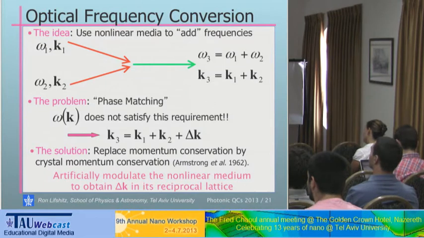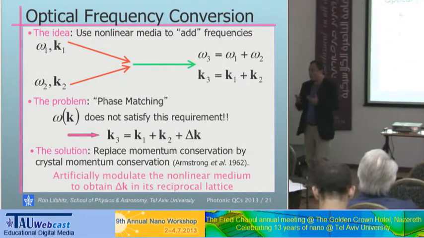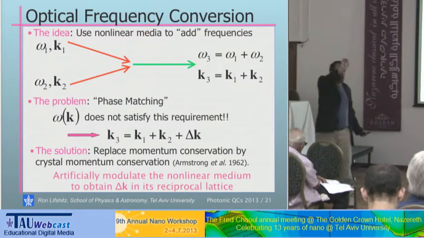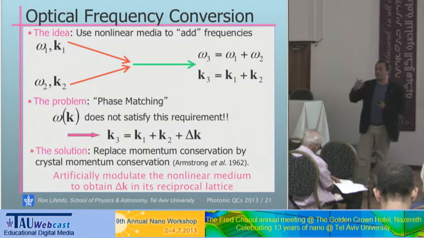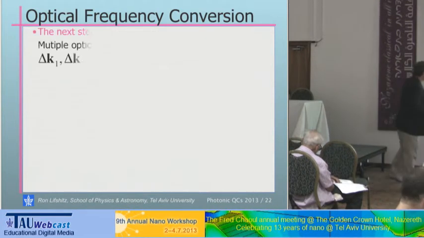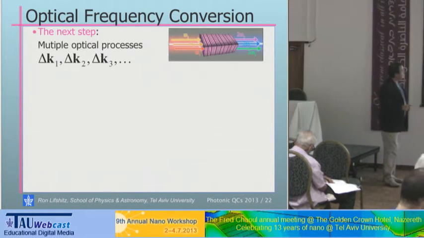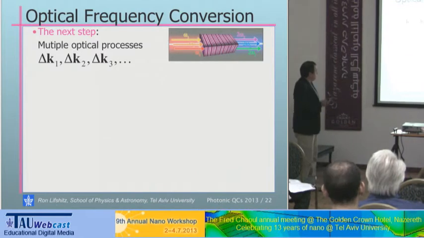So the idea is to generate artificially a metamaterial whose diffraction diagram will contain all the missing wave vectors that we need in order to generate all the multitude of frequency generation processes that we want. And I think you saw this image in Dee's opening slide earlier.